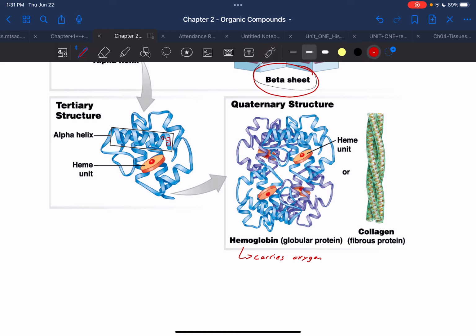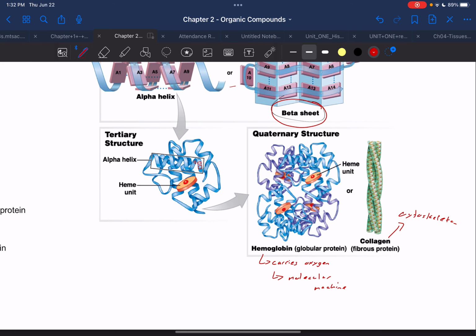So collagen would be an example of something that makes up the cytoskeleton. And again, hemoglobin will be a little machine. We're going to just keep it simple, a molecular machine, and it carries around oxygen. So we're seeing 2 examples of how these proteins can come together to form either a structural component or a protein that actually carries out just a machine, a molecular machine.